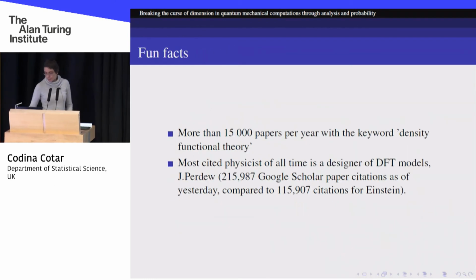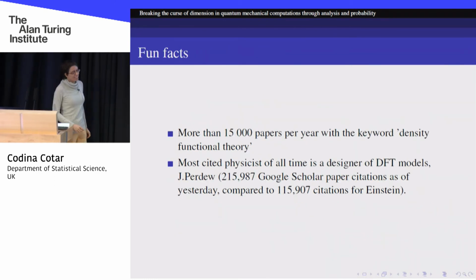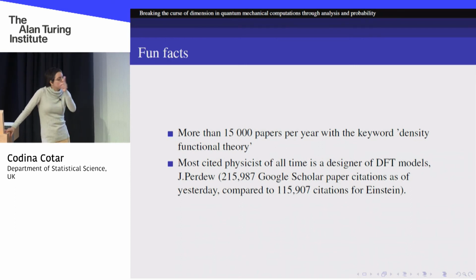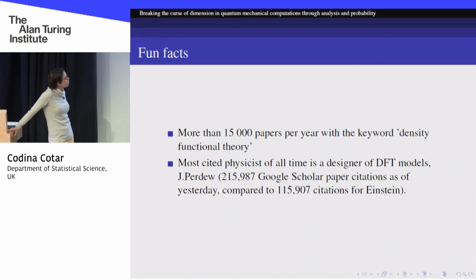Okay. Just a couple of fun facts before we move on. If you search Google Scholar for density functional theory, you are going to see more than 15,000 papers per year with this keyword. It's really big business.